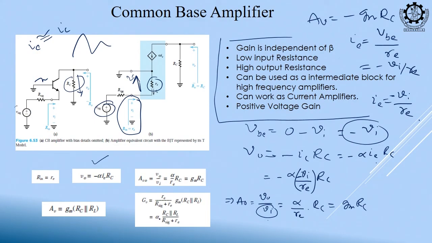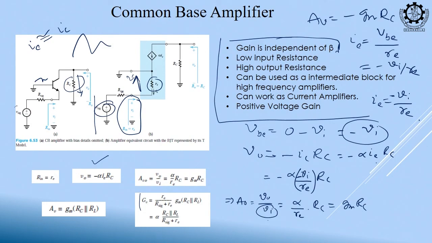So, only alpha will remain, and alpha is nearly 1. So, the dependency on beta is less in common base. The first point you see, gain is independent of beta. This gain is overall gain. This gain means V0 by Vsig, not Vi. Vi is my internal voltage. Actual voltage is here. So, this is the first point.